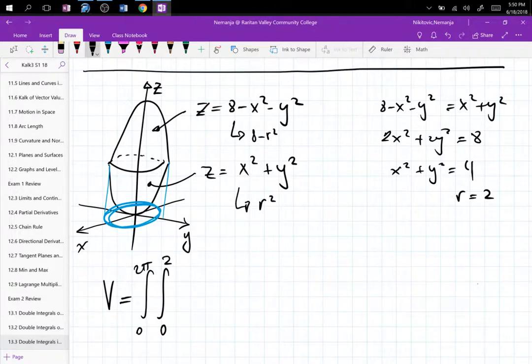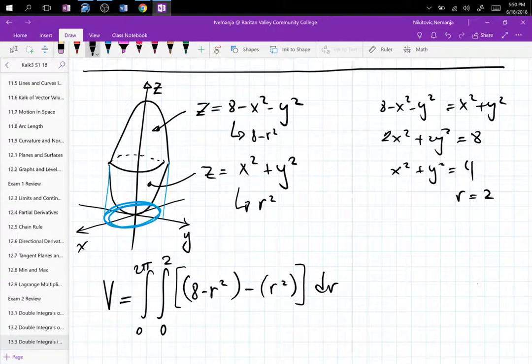So we need to have those transformations, because we are supposed to plug in top minus the bottom. dr. No, d theta.